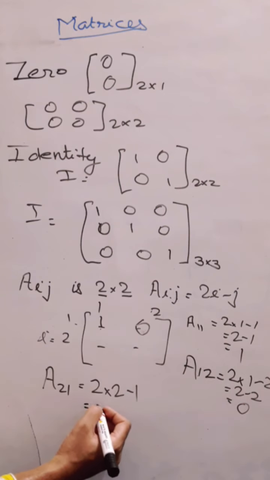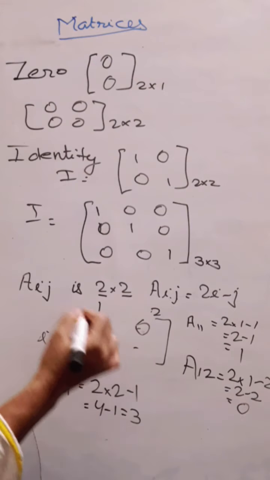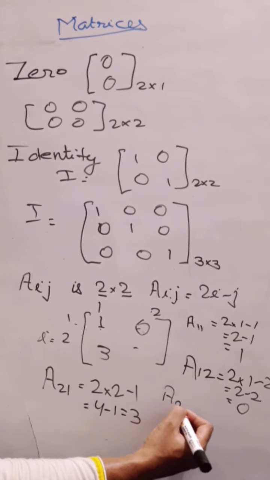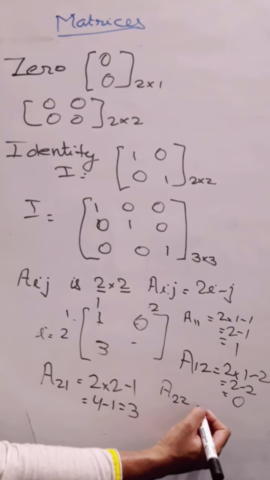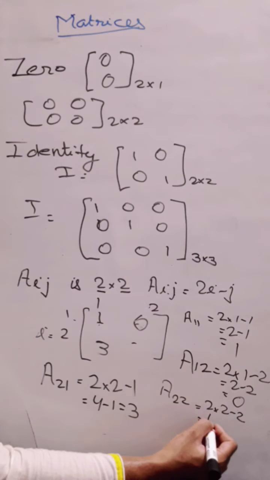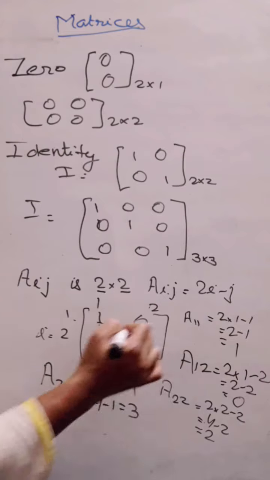So here I will have 4 minus 1, that is 3. So in place of this it comes 3. Now I have A22, second row second column. So 2 into 2 minus 2, that is 4 minus 2, that is 2.